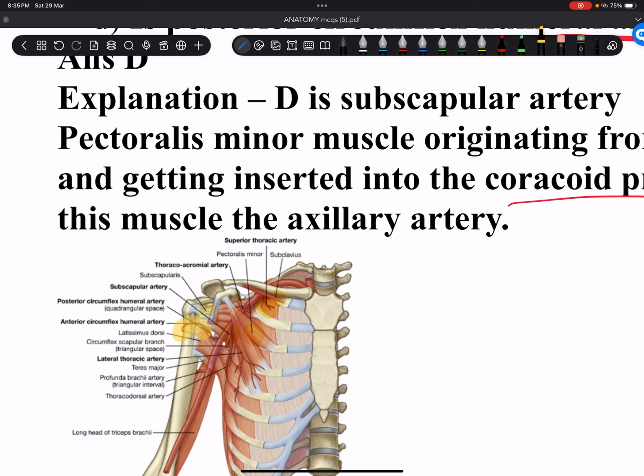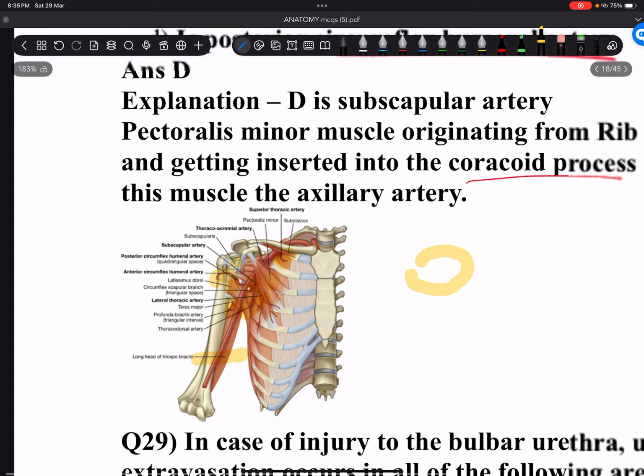Always remember, the circumflex artery is like rounding like this. This is the anterior circumflex artery and this is the posterior circumflex artery. This is latissimus dorsi, scapular branch, triangular branch, lateral thoracic artery, teres major, profunda brachii artery, triangular interval, thoracodorsal artery, long head of triceps brachii.